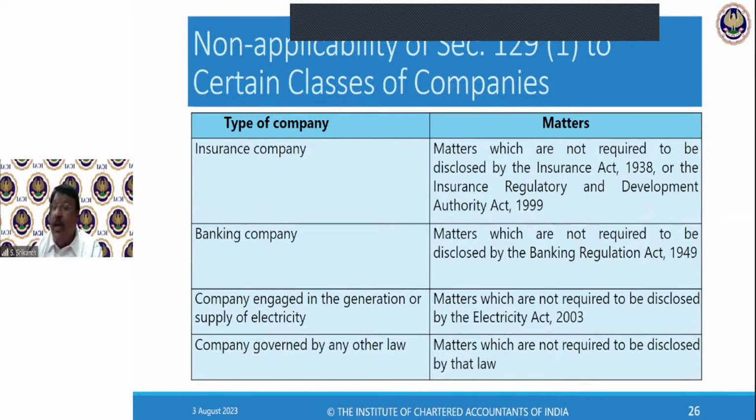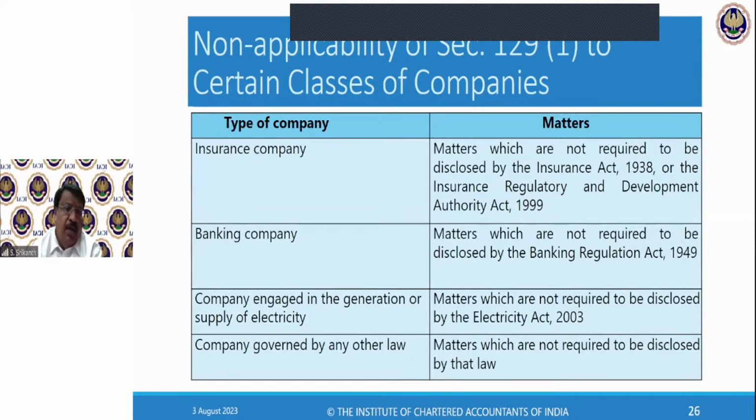Similarly, for electricity, under the Electricity Act, there are some more disclosures. Similarly, when something need not be disclosed, then that need not be disclosed. Even though under Schedule 3 you are asked to disclose, here they will say no need to disclose. For example, for banks, certain types of provisioning are not disclosed as per the Banking Regulation Act.